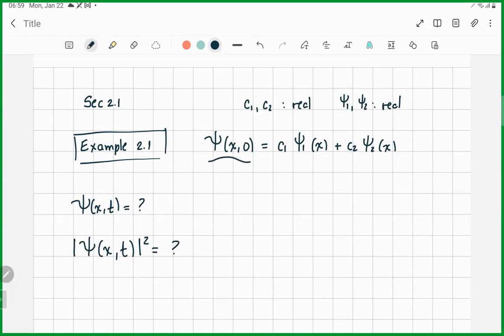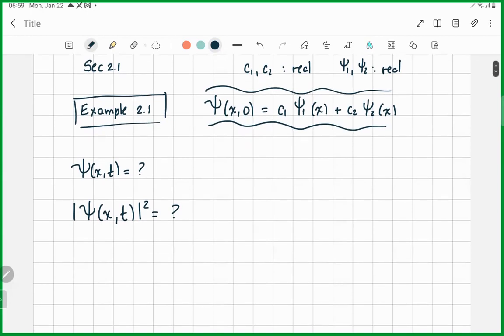All right, so how do we do that? We already have the initial state written in terms of psi1, psi2. So what is going to be the wave function at any time t? All that we have to do is pick each one of the terms in our linear combination, in our case just two, and attach to it that time dependence, the exponential with the corresponding energy.